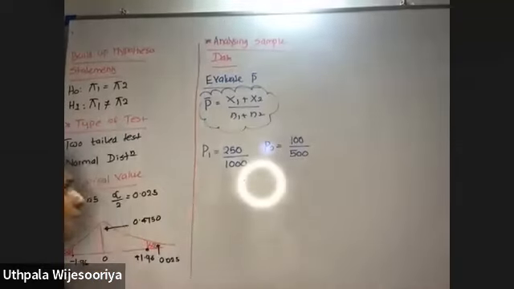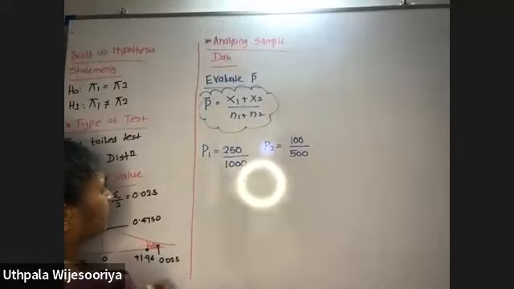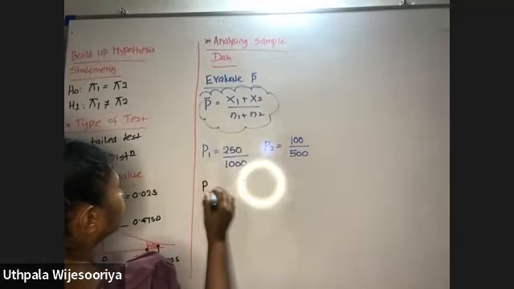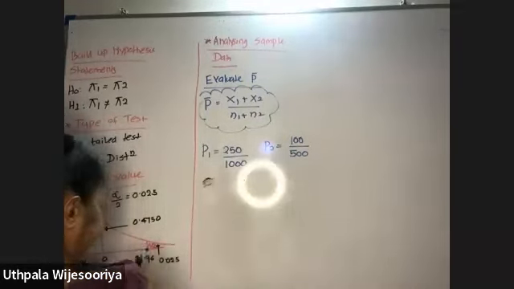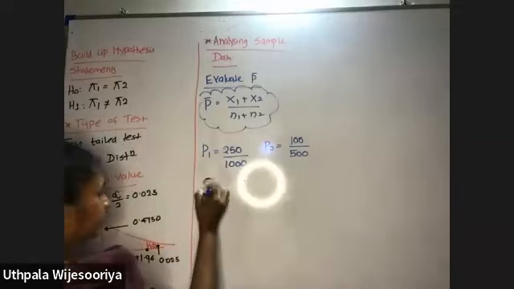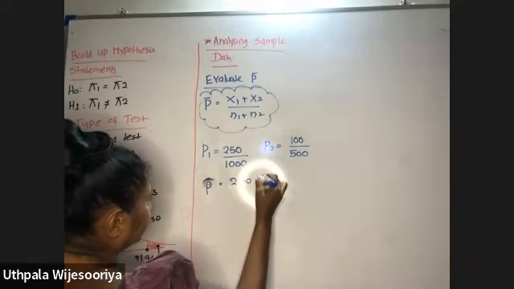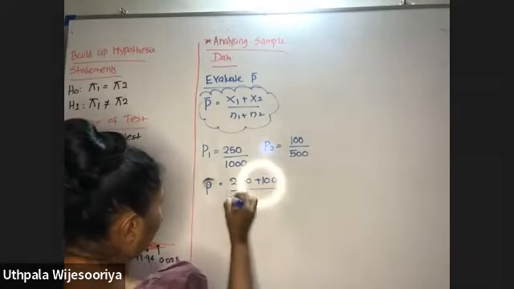Right. Now evaluate your P bar. X1 plus X2: 250 plus 100, divided by 1,500.